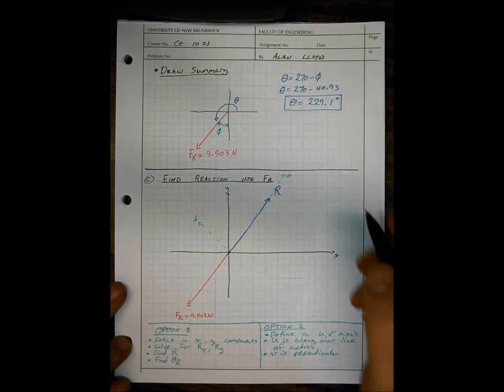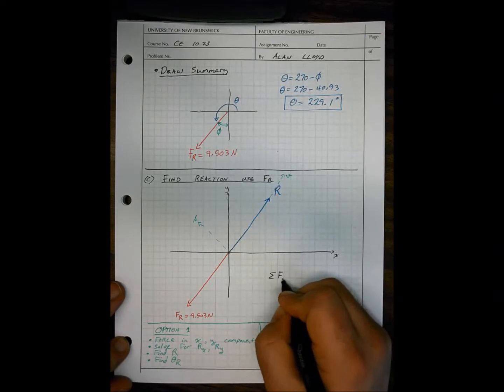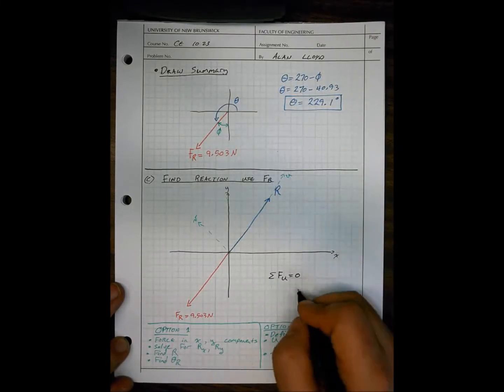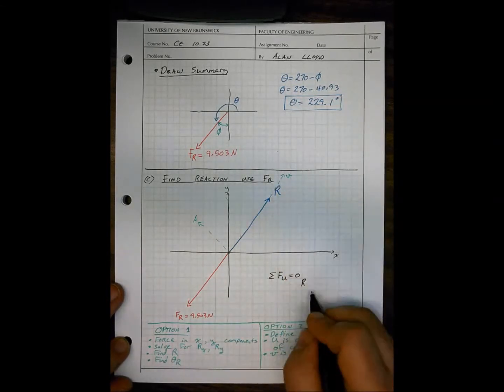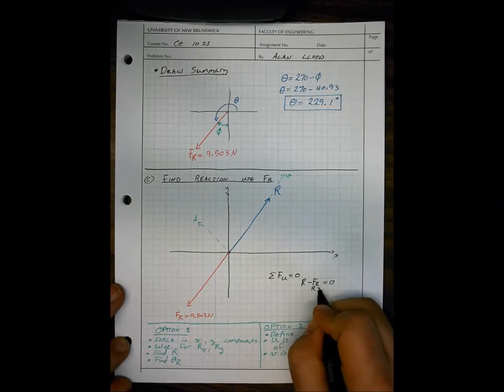So now let's take sum of forces in the U direction is equal to 0. Well, we have two forces in the u direction. We have R is a positive value in the u direction, minus FR is a negative value, is equal to 0. So R is equal to FR.